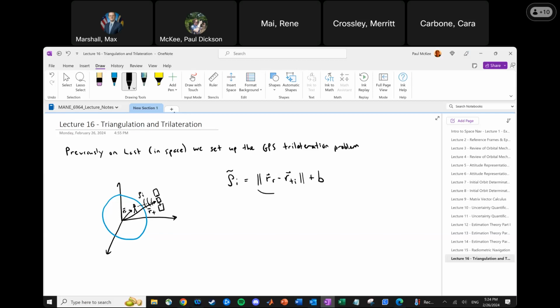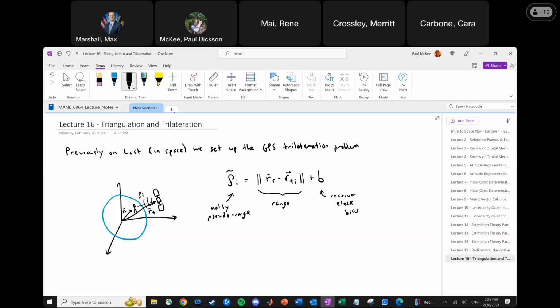And so this is the actual range, which is the good part. This is receiver clock bias. And this is a noisy pseudo range.